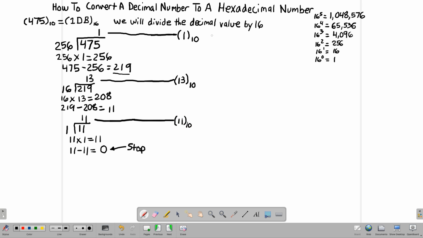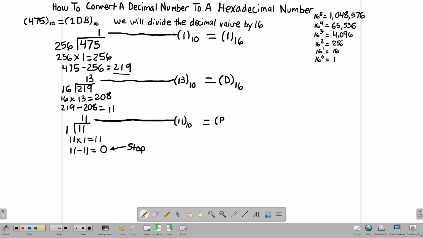Okay, so let's convert each of these to hexadecimal. So we have the value 1 in decimal. Its representation in hexadecimal is 1. Alright, so we look at 13. 13 is represented in hexadecimal by the value D. And then we look at the value 11, we convert it to hexadecimal.